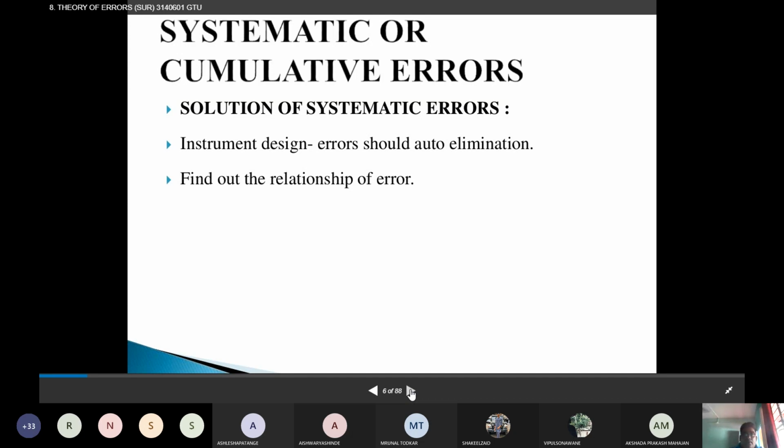That means, for example, you have to utilize an auto instrument. Auto level is the very best instrument instead of using the 1 second theodolite. The 1 second theodolite is the advanced instrument compared with the 20 seconds transit theodolite. Later on we have to utilize the ETS, that is, electronic total stations. Then find out the relationship of those errors.